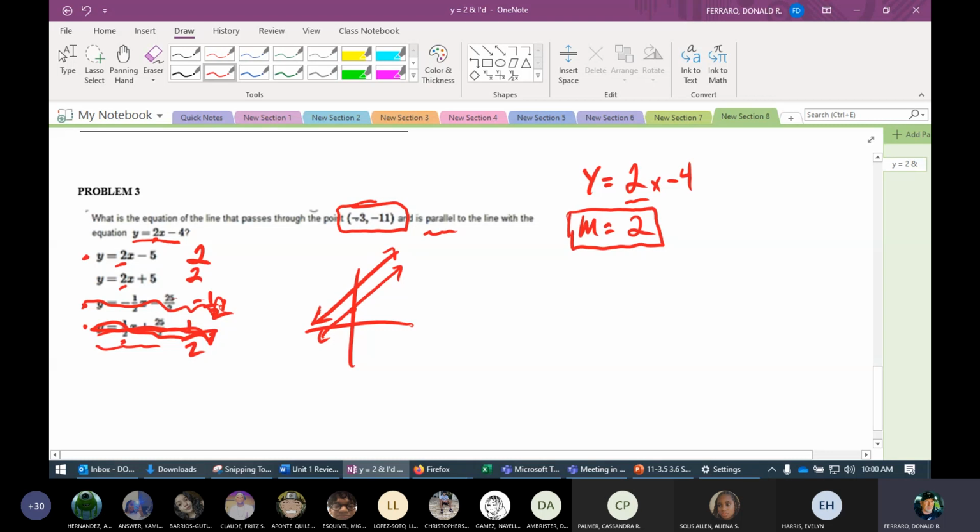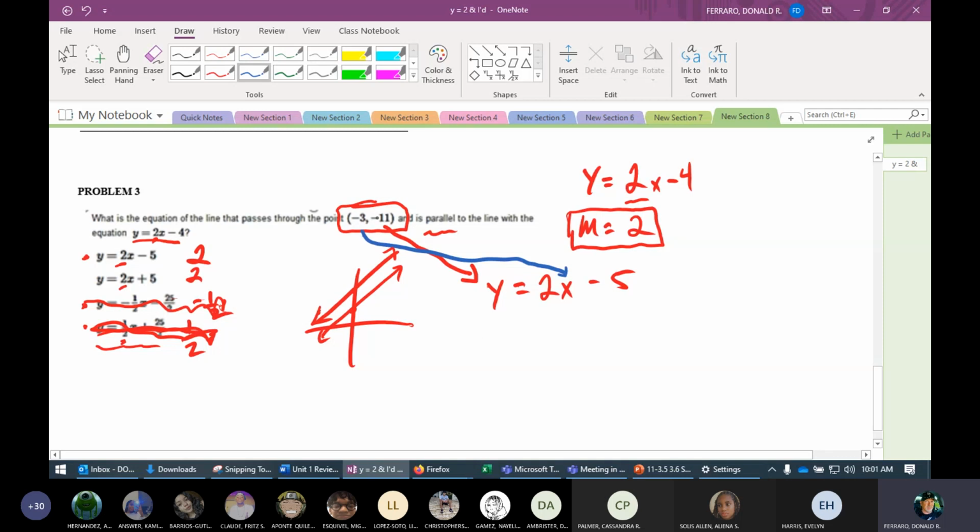So I'm just going to substitute my x and my y value into these equations, and the equation has to be equal. So my first equation here is y is equal to 2x minus 5, right? And I'm going to take my y value and substitute it there, and I'm going to take my x value and substitute it into my x.